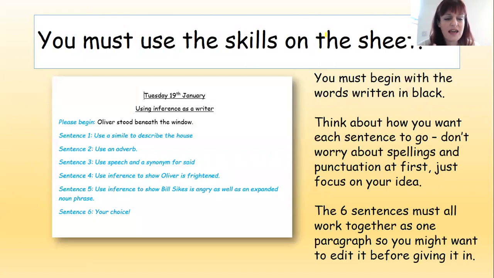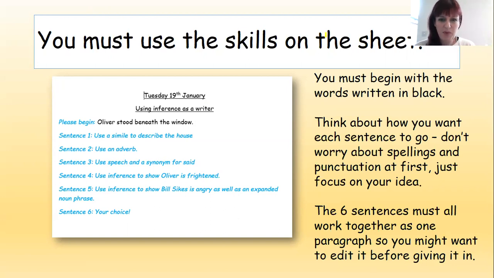Let me show you. So here is the sheet. Everybody, but everybody, will begin with that sentence in black. Oliver stood beneath the window. Then you've got to think what happens next. So Bill Sikes is there. He lifts him up. He posts him through the window. Oliver drops down. Oliver thinks, doesn't he, about waking up the people in the house and warning them about Bill's evil plan.